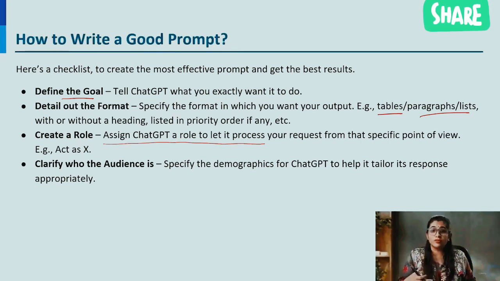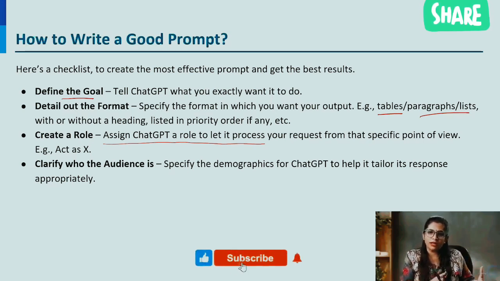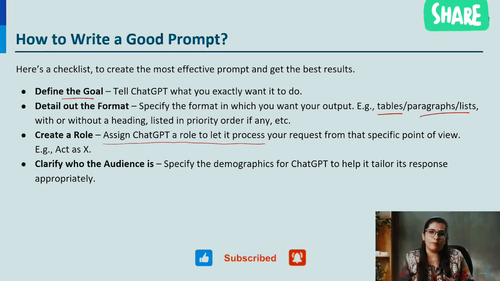If you're a teacher and you are using ChatGPT, you can specify, I want to teach fractions from a 6th class learner perspective. Or if you're working on something and you want someone to understand a particular concept, for example, I want a 10-year-old to understand what a prompt is.